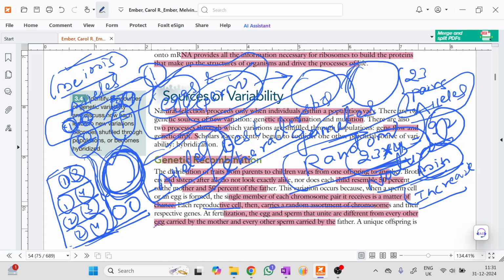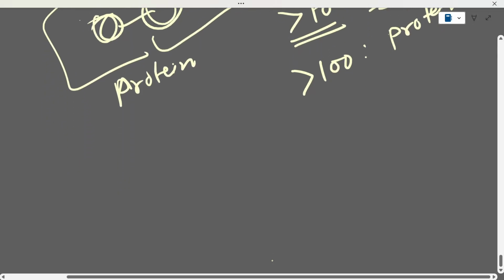As we know, a single trait is regulated and controlled by the cumulative functioning of many genes. So any trait controlled by many genes means many alleles. Let me elaborate this in a different way.